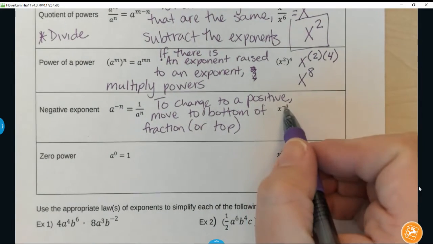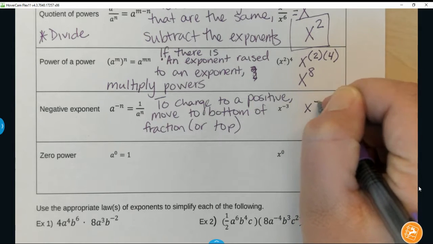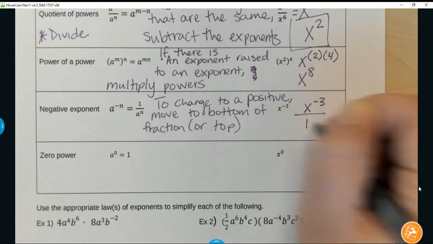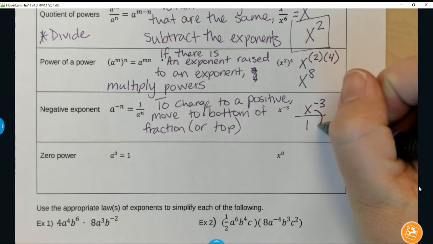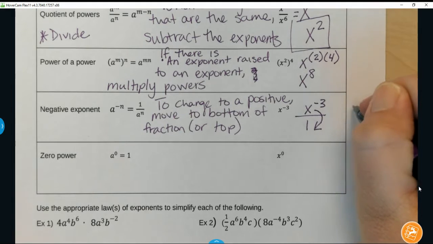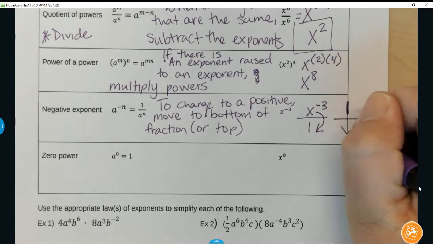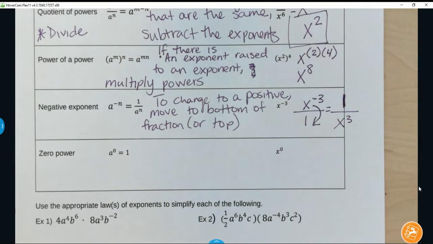So right here, if you have x to the negative 3, we all know that if it's just a whole number, x to the negative 3, that's kind of like saying x to the negative 3 over 1. So basically, you are bringing this down to the bottom of the fraction. And if you bring that down, there will be just 1 left on top over x to the 3rd power. So I just brought it to the bottom of the fraction, changed the power to a positive.